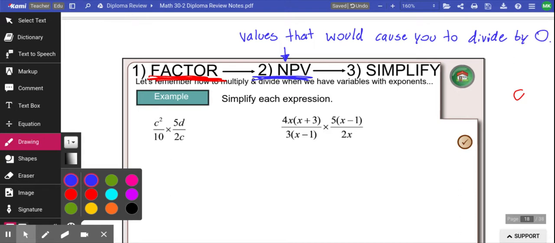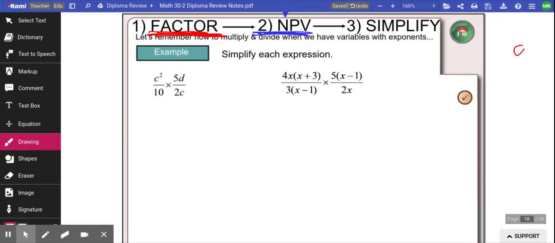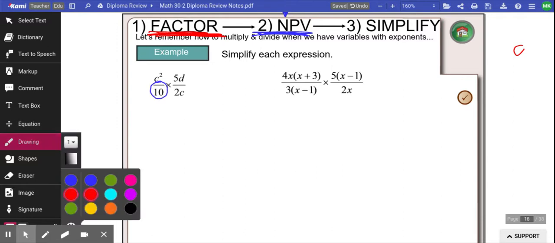But you're not allowed to divide by 0 in math. So a non-permissible value is something that would cause you to divide by 0. If you look at this question, the 2 areas that I would need to check for dividing by 0 would be right here and right here, because those are 2 different spots where I'm doing division.